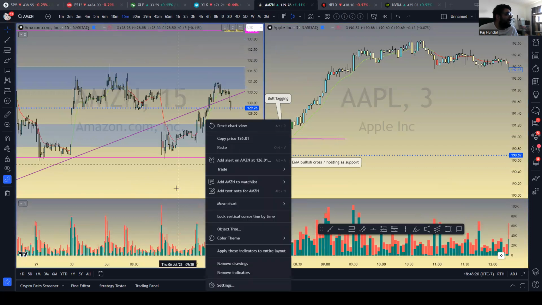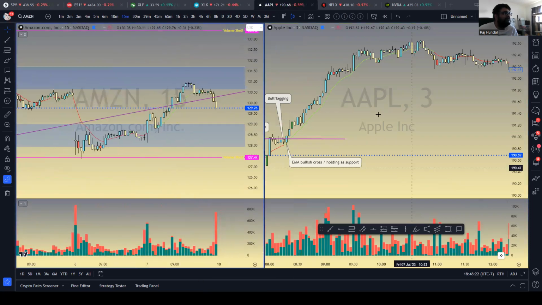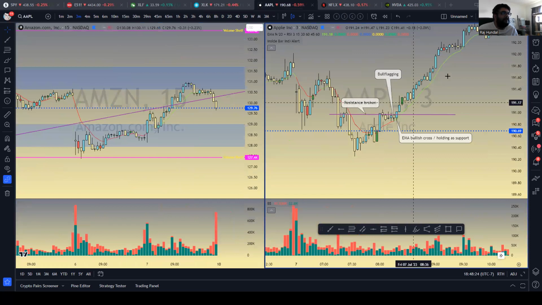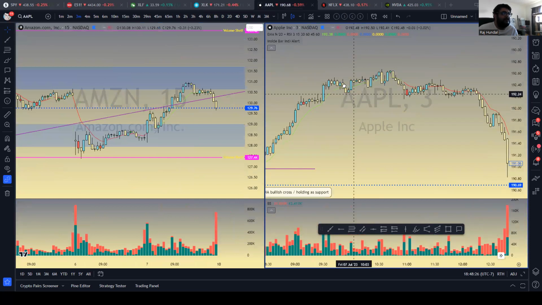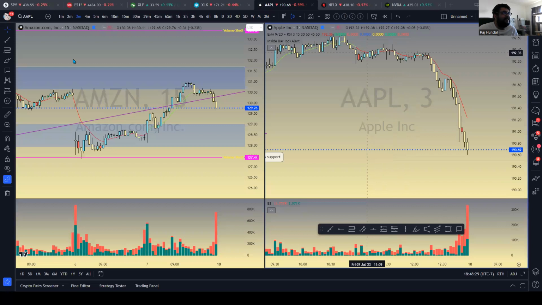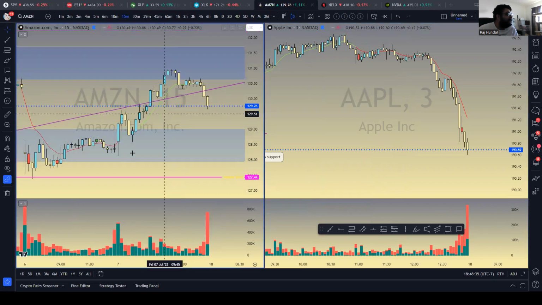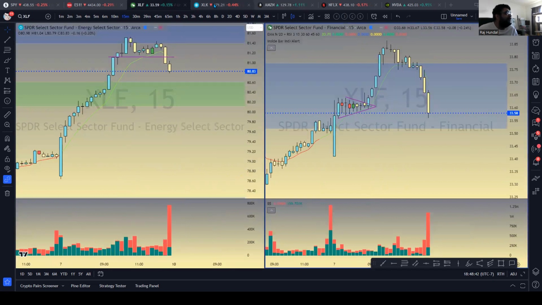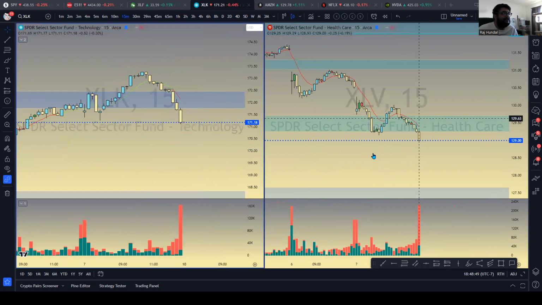Not only that, look at Amazon. At the same time, these FANG names are either shooting up for the day, or at the end of the day, at the same time SPY is selling off, they're also selling off. Amazon went from calls all day because it was at support, slammed to resistance at the same time that XLF, XLE, all these sectors came into their support or resistances.